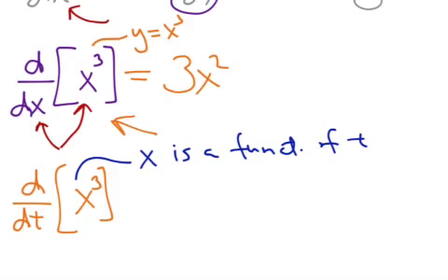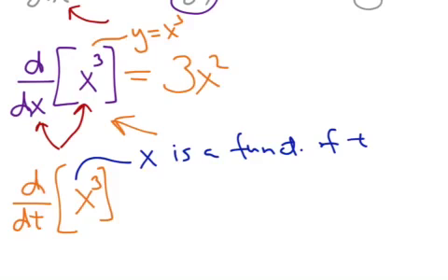There are no instructions in the problem specifically telling me how the changes in t affect the changes in x. If I had that data, then I could apply it. Maybe I knew that x was equal to 2t. If x was equal to 2t, then I could replace the x in my expression here with 2t, and then I could simplify it and then apply the rules.